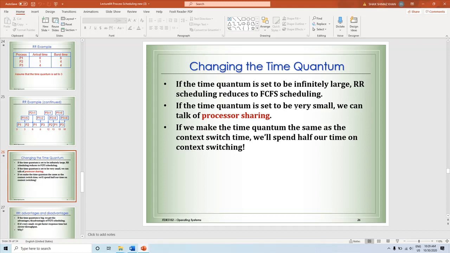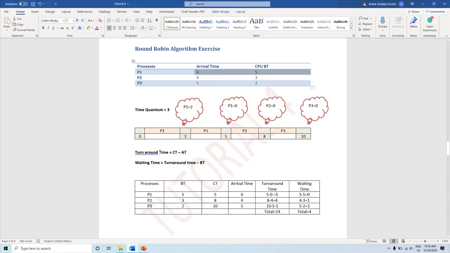If the time quantum is set very small, we can talk of processor sharing. If we make the time quantum the same as the context switch time, we will spend half of our time on context switching. When context switching takes place, some amount of time is wasted, which we are not considering in these calculations.